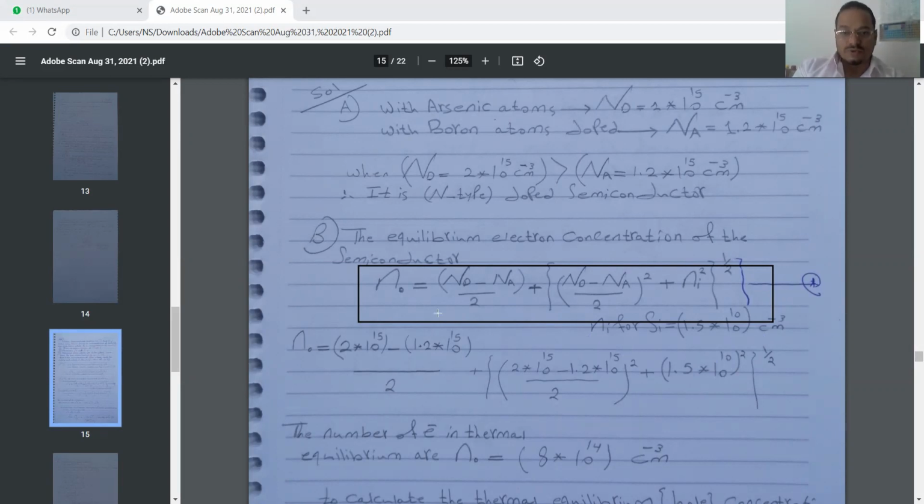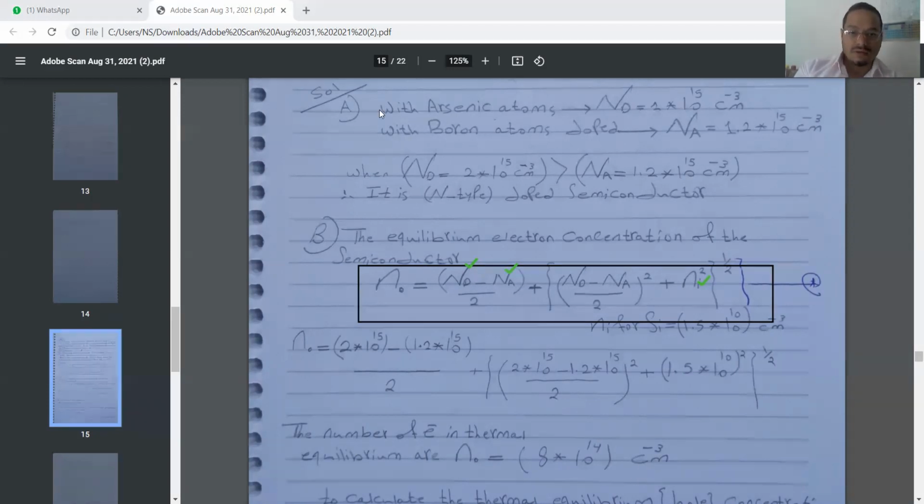Let's put all of these here. We have the values of Nd and Na, and we know Ni for silicon at room temperature, so we can solve that. The electron concentration at thermal equilibrium equals A exponential 14.